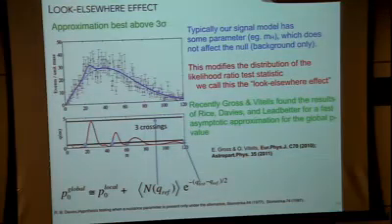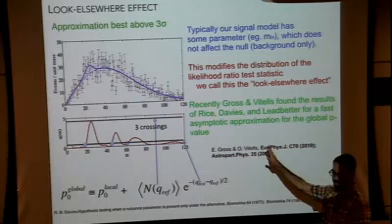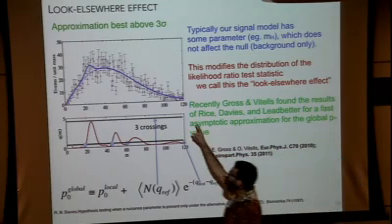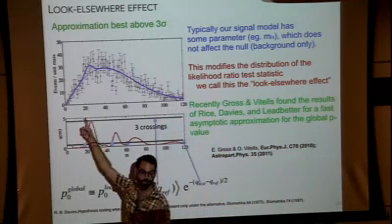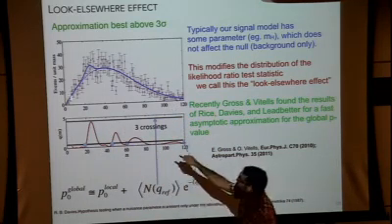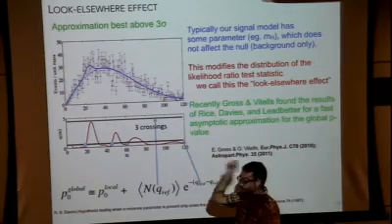There's also the look elsewhere effect. We could say a little bit, if people want to see a little bit about it. Okay, and then I think we'll be able to end here, and we'll be able to talk about 750, and it'll be fun. So in this plot, this is supposed to be like the invariant mass, say, of some particle. You have a dotted line, which is like some background fit, and then you have a bump on top of it. You're scanning the location of the bump, right?